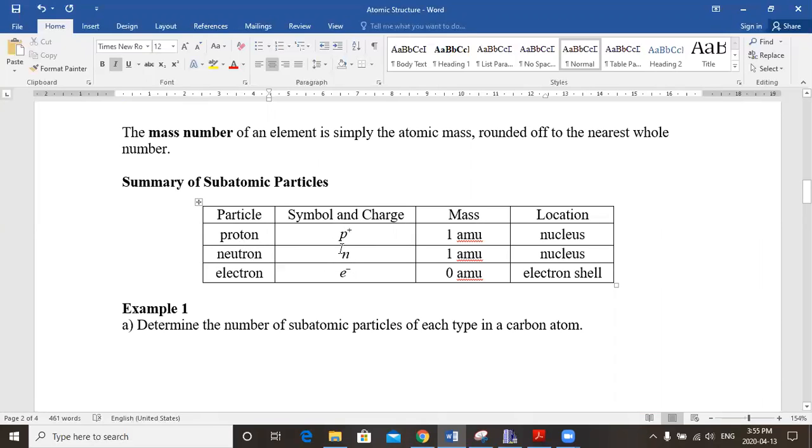The symbol for proton, neutron, and electron is just the first letter: P for proton, N for neutron, and E for electron. Because protons are positively charged, they have a plus, and electrons are negatively charged, so they have a negative. So P plus for proton, N for neutron, and E minus for electrons. Again, the location: protons and neutrons are found in the nucleus of the atom, and the electron is found in the electron shell. Protons and neutrons each have an atomic mass unit, and the electron has no mass.